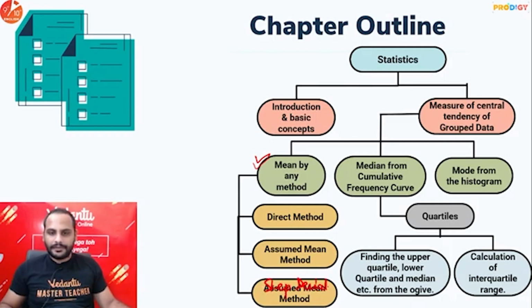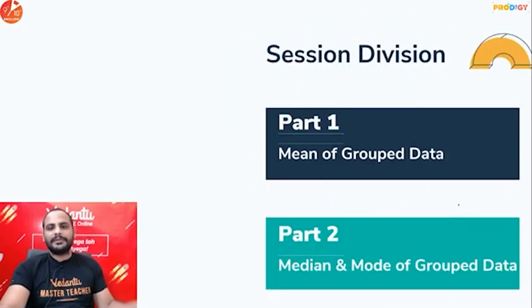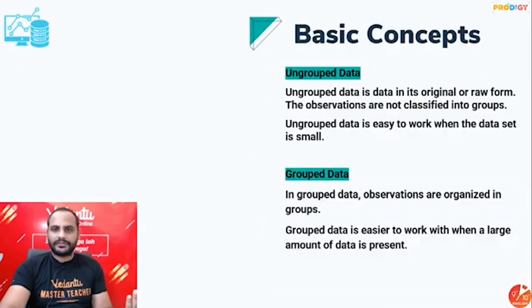Then there is median from cumulative frequency curves. In that we'll be studying quartiles, upper quartile, lower quartile, median from there, different ogives, interquartile range, then mode from histogram. So these are the different topics over here. We'll be starting with mean, and median and mode we'll be doing in the next class.